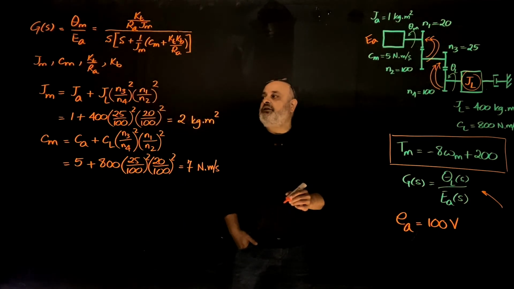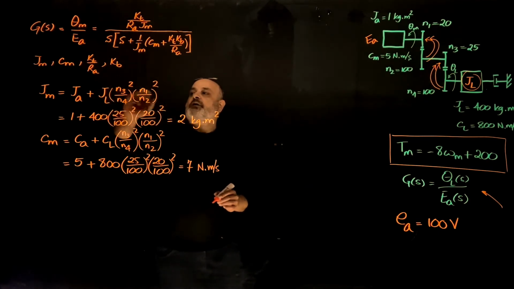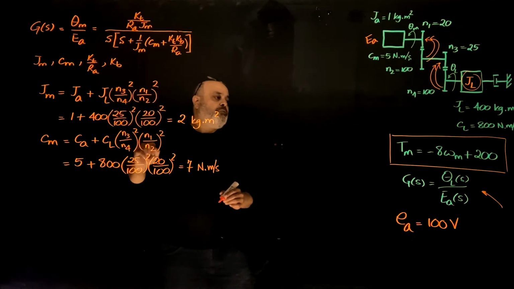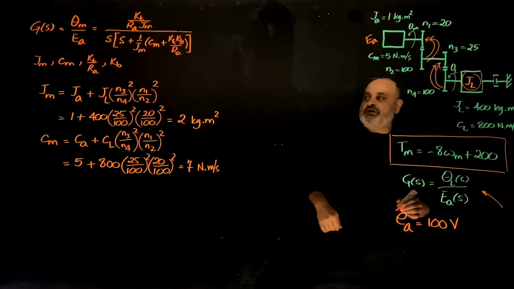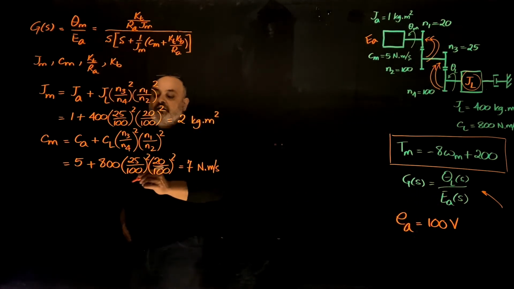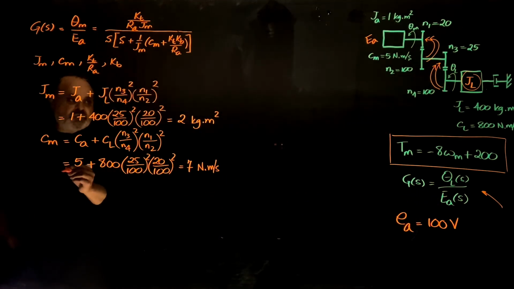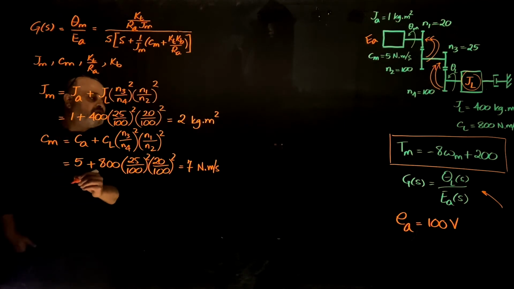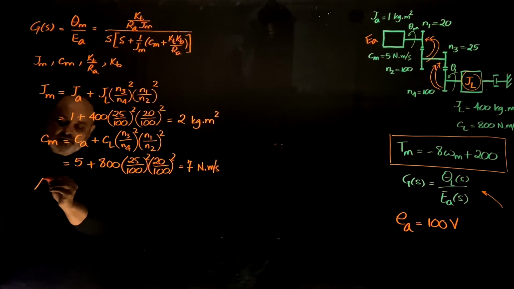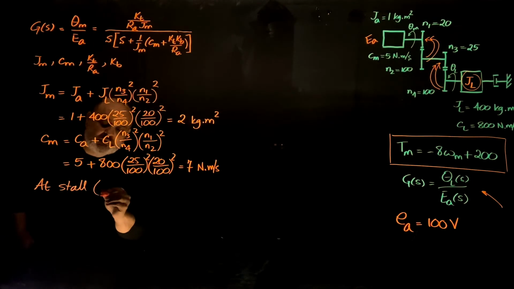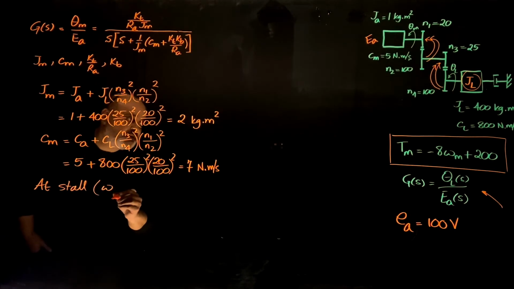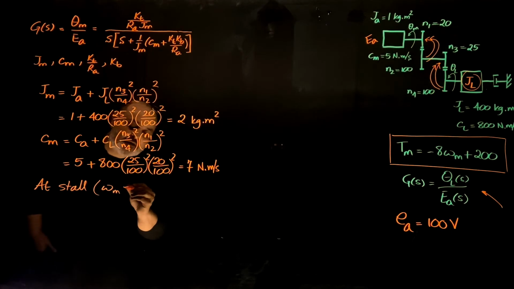Next, we're going to need to find the K T over R A and the K B. And let me come to this equation, T m. Let's talk about the stall torque. At stall means that the omega of the motor is 0.